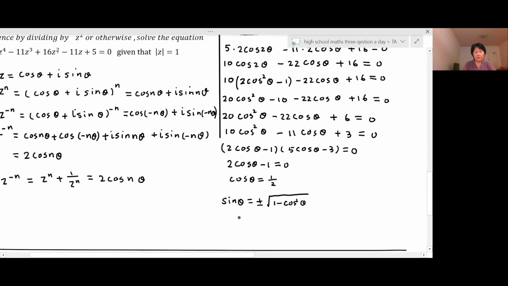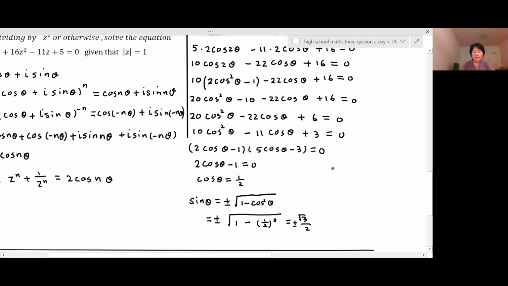Then equal to plus minus the square root of 1 minus half squared, because cosine theta is half. Then this will give you root 3 on 2, plus minus.